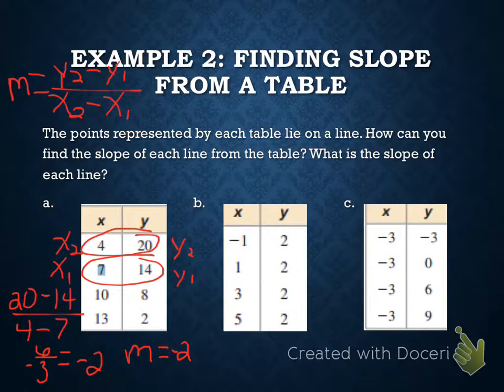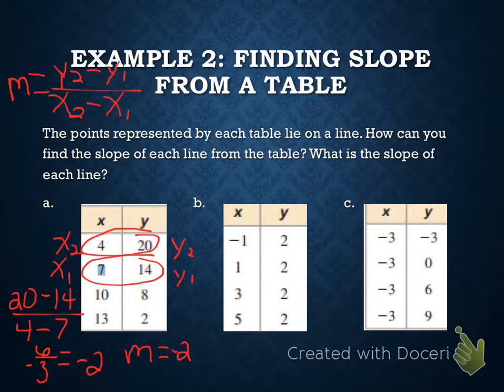So let's go ahead and try that again with B. If you look here, you'll notice that there is no change in the y value. On all of these, the y value is 2.